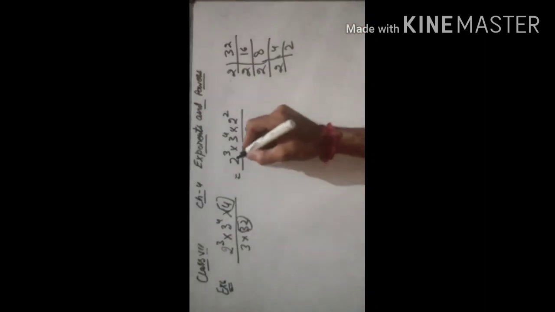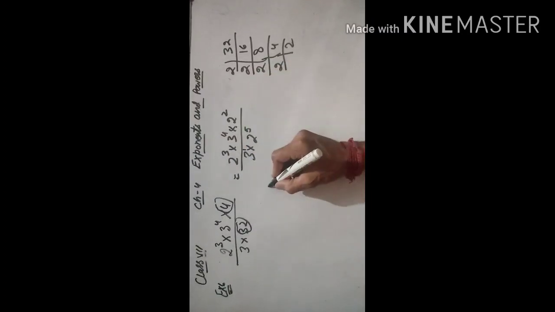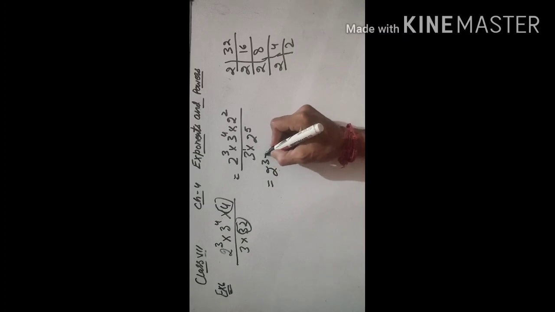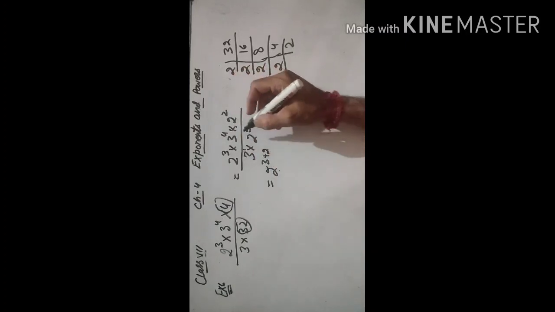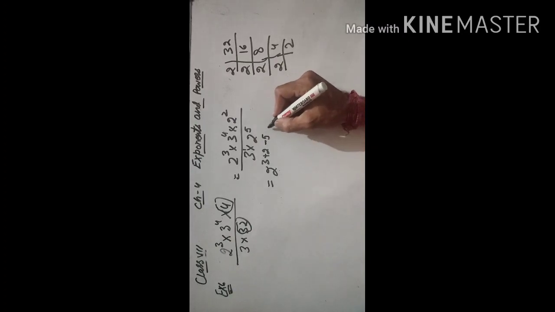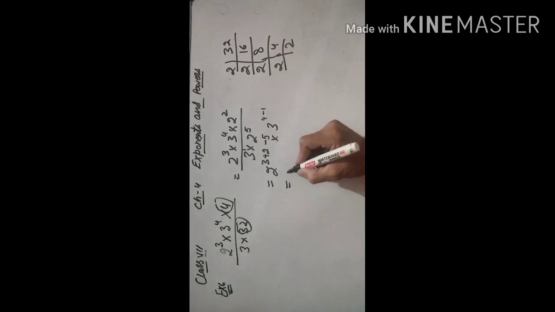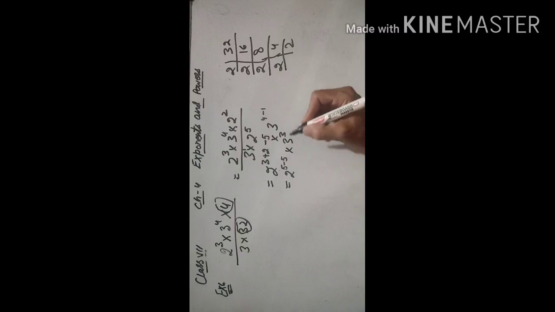Now these two bases are the same, so it is 2 to the power 3 plus 2 and 3 to the power 4 minus 1. So it becomes 2 to the power 5 minus 5 into 3 to the power 3.